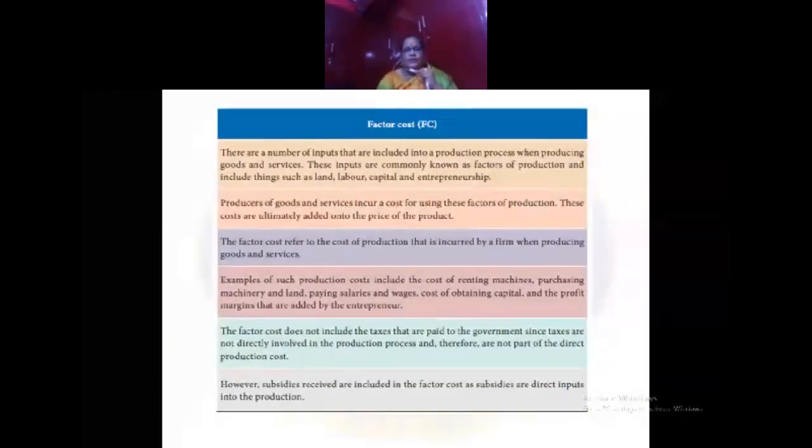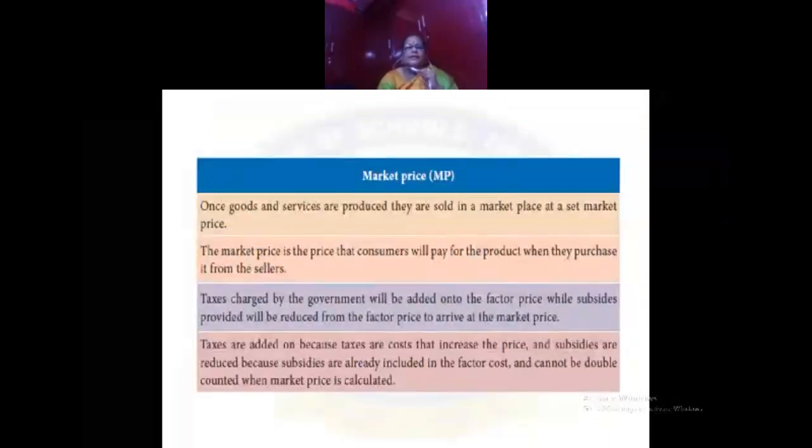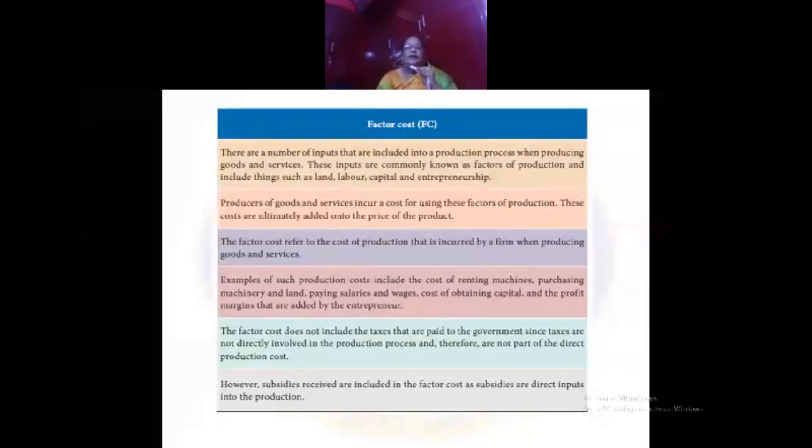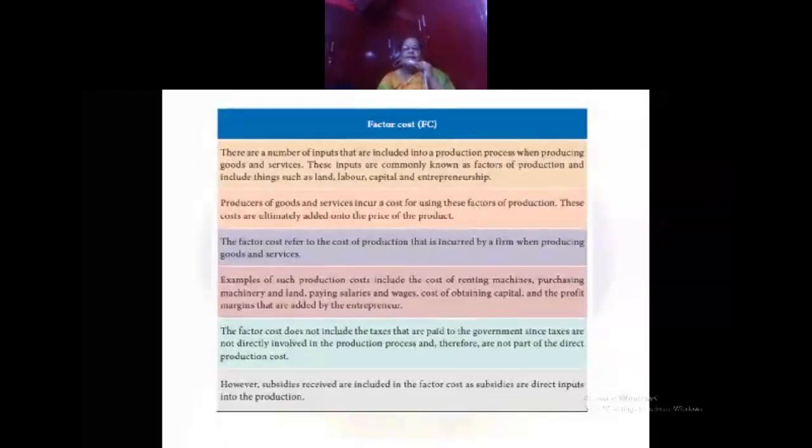Before going to these three methods, let us talk about what is factor cost and what is market price. Factor cost is nothing but there are number of inputs that are included into a production process when producing goods and services.